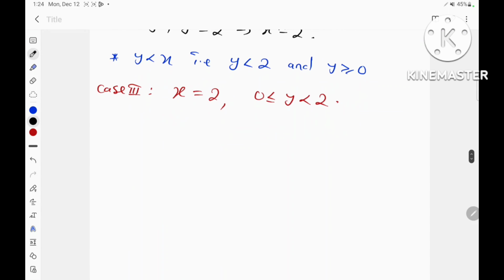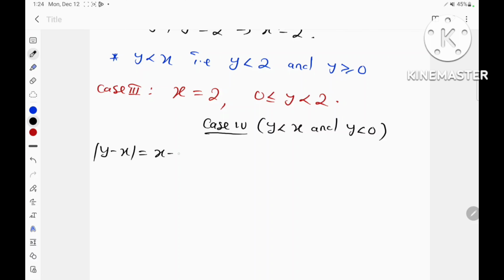Now we take the last case, which is case 4. That is y less than x and y less than 0. In this case, we know that the absolute value of y minus x is equal to x minus y, and the absolute value of y is equal to negative y.